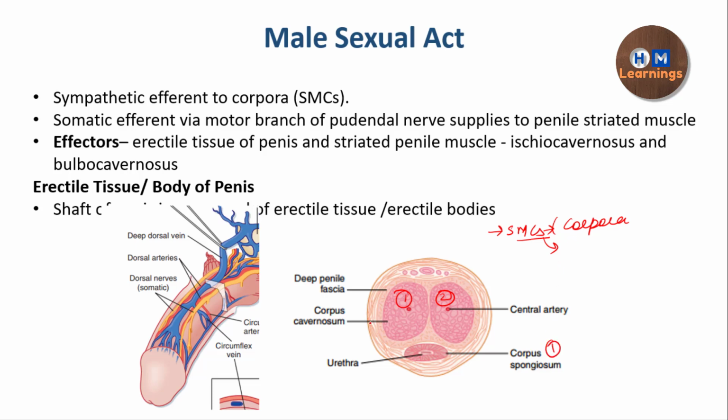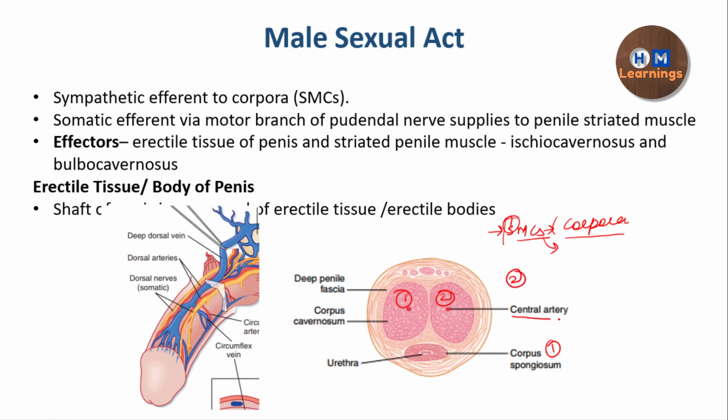So the spongiosum is 1 and the corpora cavernosa are 2 in number, so they are forming the 3 erectile bodies. Number 1 is that they contain the smooth muscle cells, which you can call corpora. 2 is corpora cavernosa and another one is corpus spongiosum.